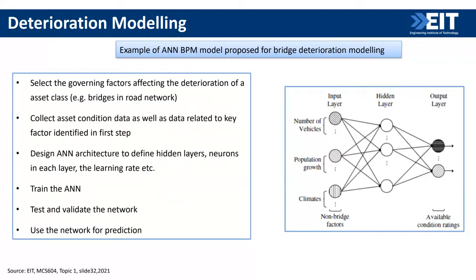In a bridge, in a road network, in terms of inputs, you must consider the number of vehicles, the population growth, climate. So this is more for machine learning researchers and data analysts. They can train and provide some predictive model, right?